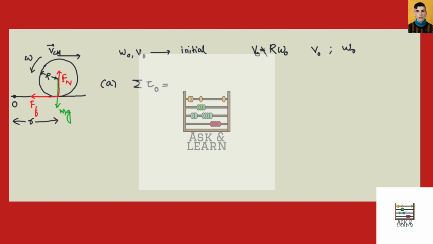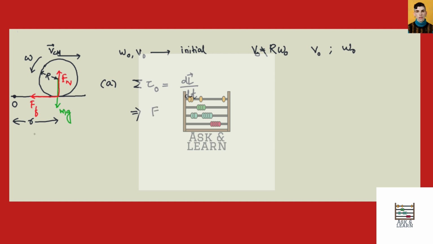So we know that net torque can be written as change in angular momentum over time. Now let's find the torques about this point O, which is the initial point of the ball. Since this frictional force passes through that point, we have no torque due to this frictional force.